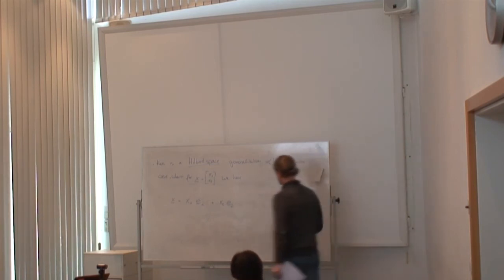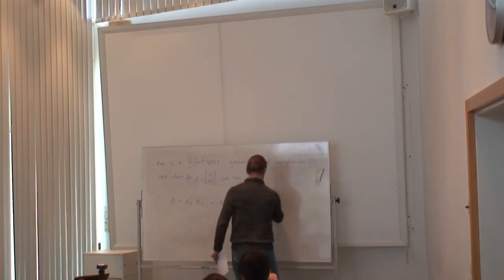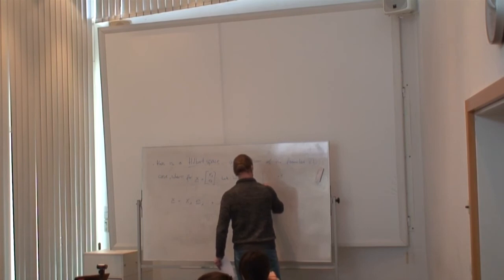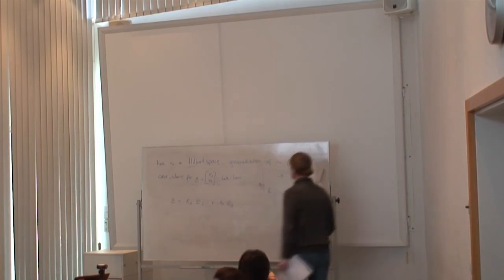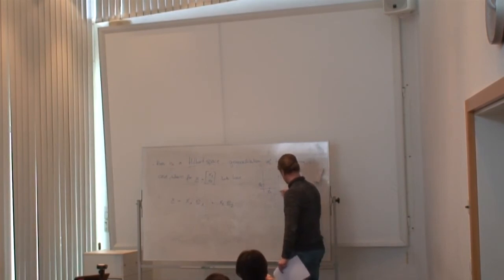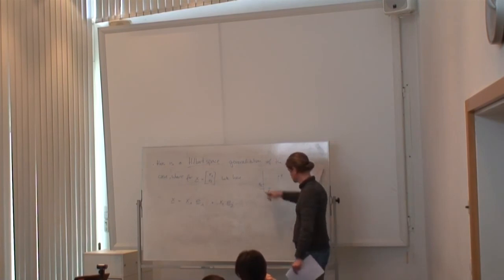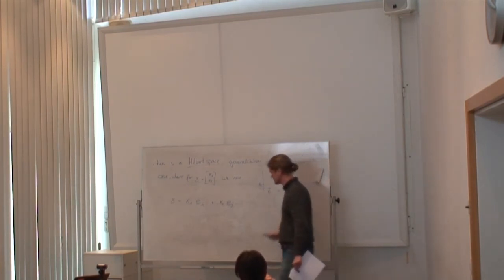Now where do these coefficients come from? So we have, I don't know, some x here, and we have the standard basis. And of course we know that the x1 coordinate is the inner product of this vector with the vector e1.